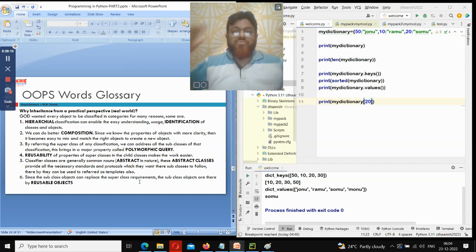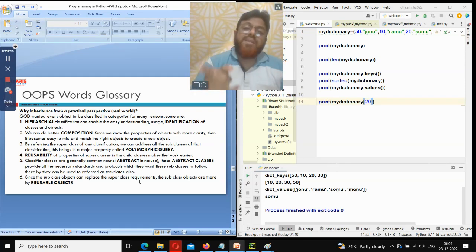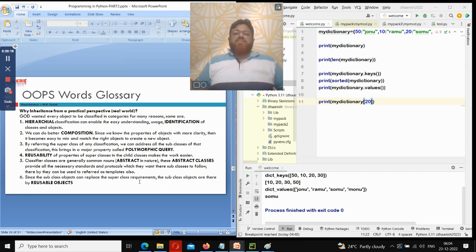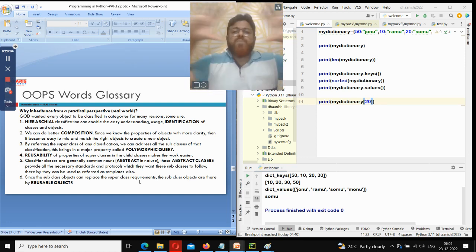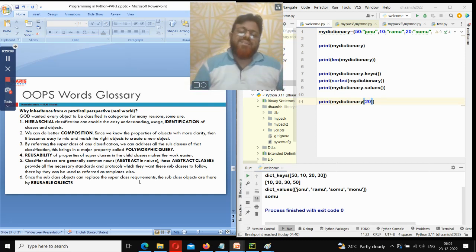This kind of hierarchy can give the advantage of a polymorphic query. When I come to you, I address you as class, I address you as students. That's a polymorphic query, which means I'm talking to each and every person. Getting that? So please understand this. And also remember the top class, the parent class, will always be a common noun, and it is not visible. That's why we also call that an abstract class. Got it, guys? Am I making sense here?